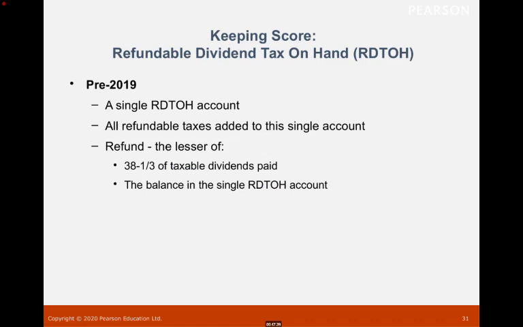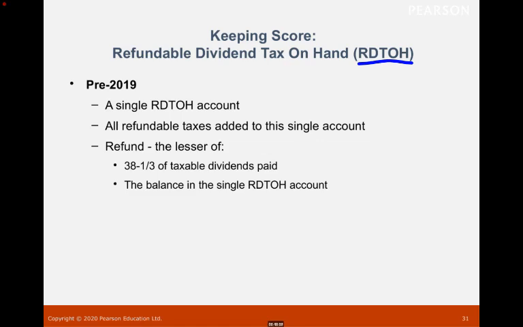So then we have another one here. Refundable dividend tax on hand. This is how much we have in the pot. So in other words, if you have paid the additional taxes along the way, you're building up a pot until you pay the dividends to the individual.